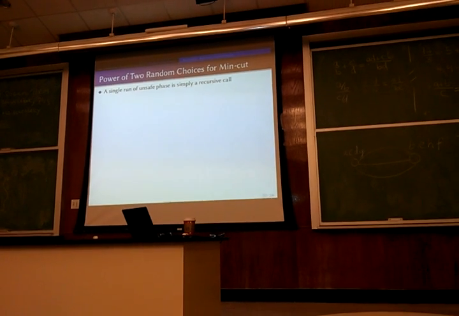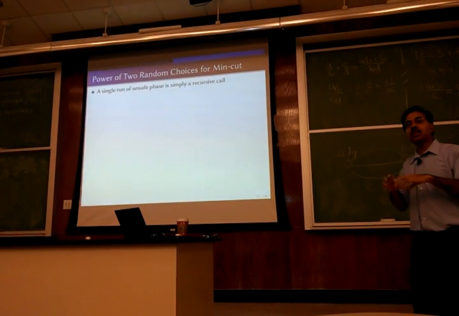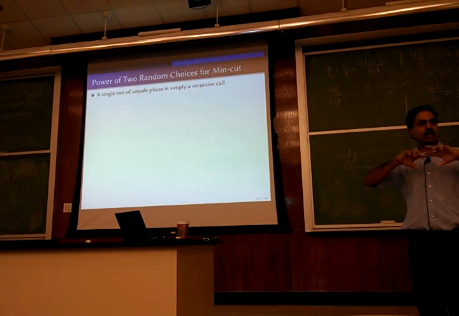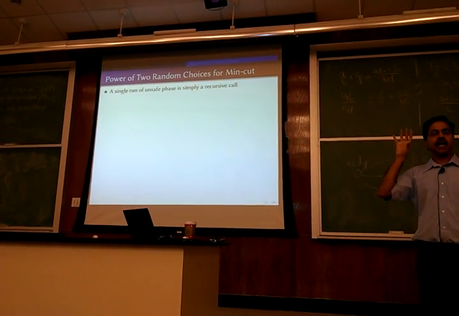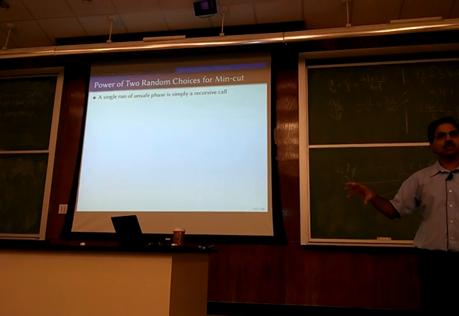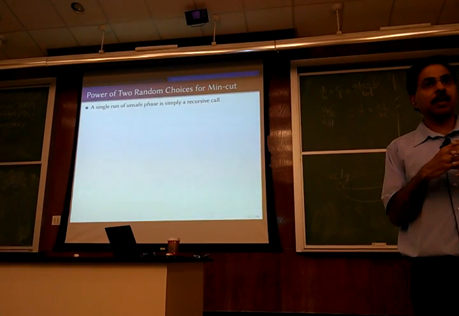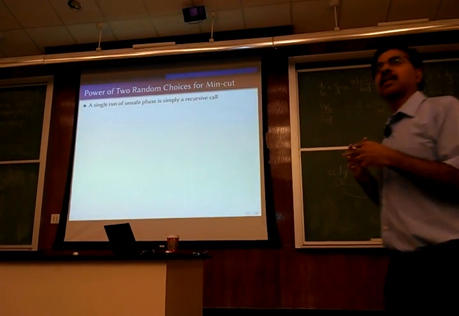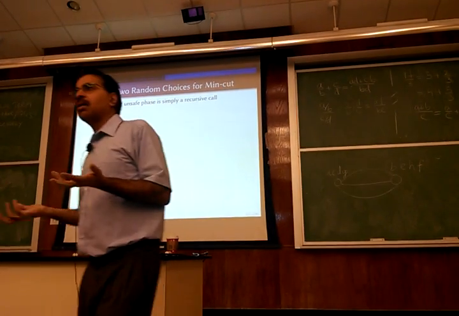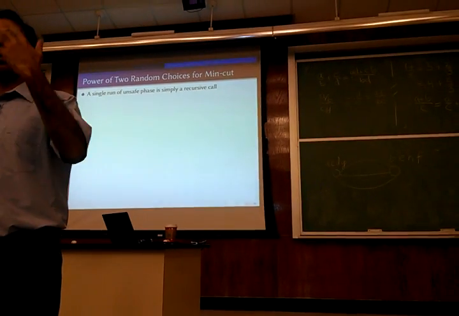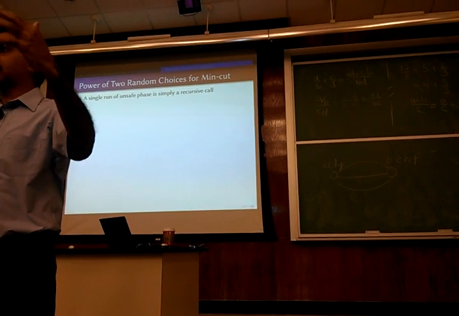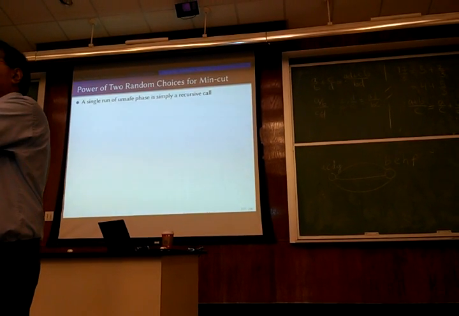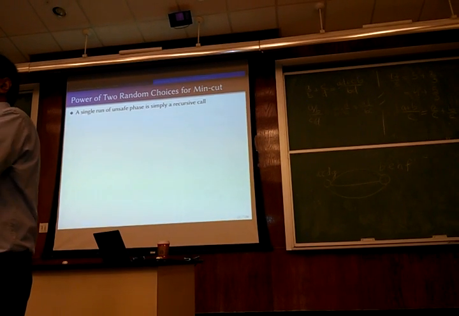What the less naive process does is it tries 2 times for the remaining graph, and in those 2 times, whatever comes up, it picks the minimum among those 2. This is sort of a divide and conquer type algorithm. So even though at the top level I'm doing 2 times, within each of those 2 times I'm going to do the same strategy.